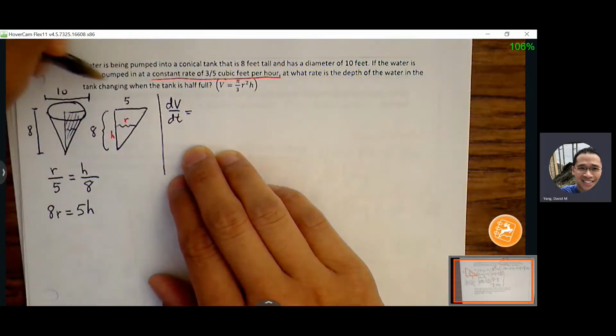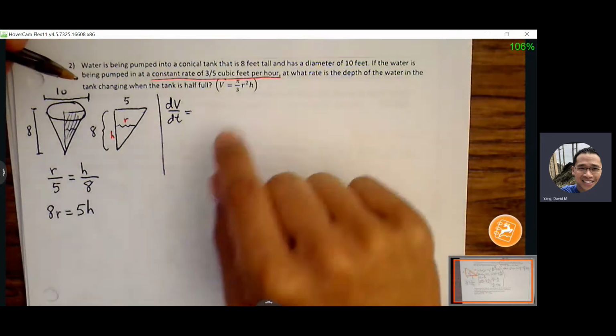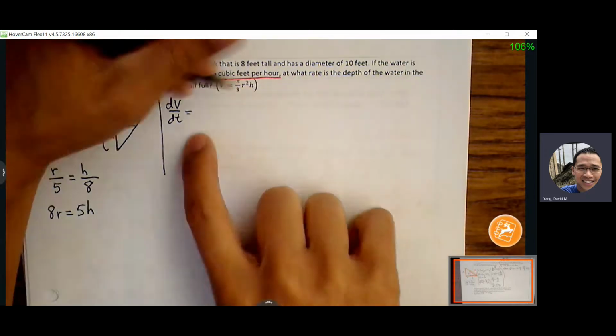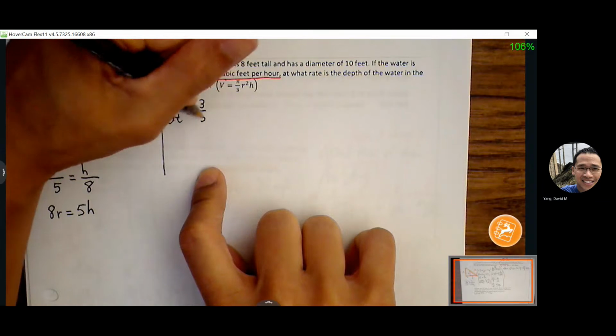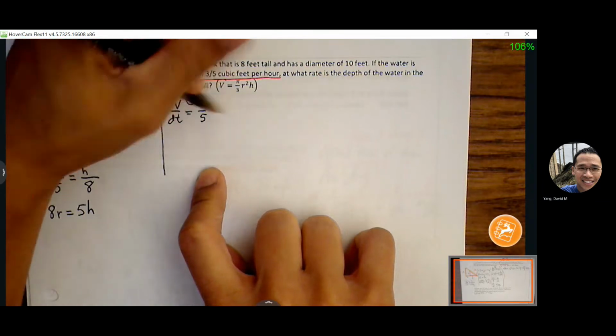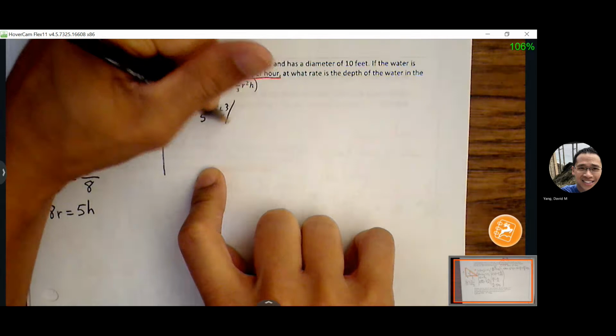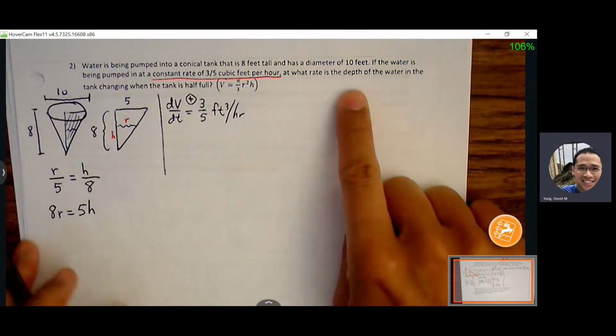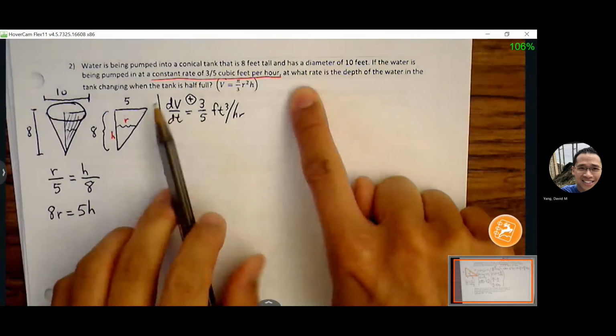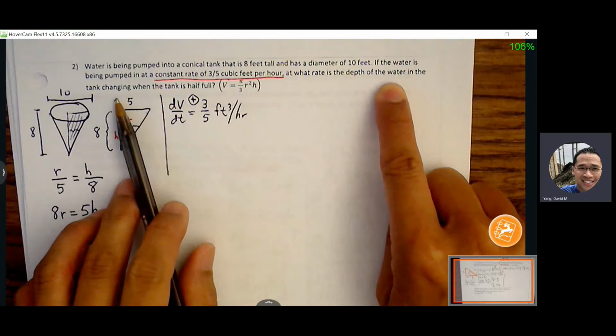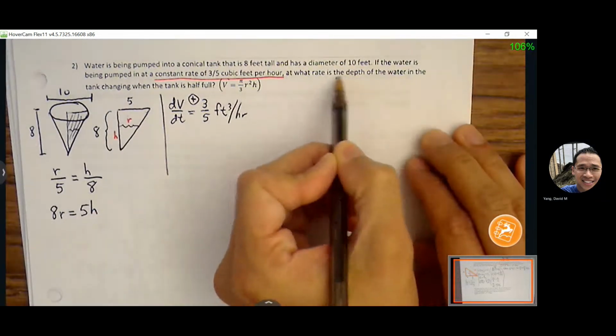Water being pumped in, so we know that water is increasing in the tank. We want that rate to be positive.